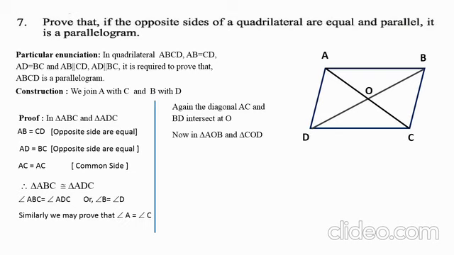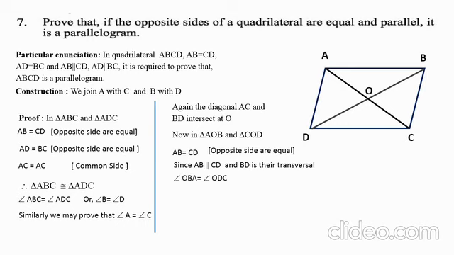Now we consider two opposite triangles AOB and COD, where AB equals CD, opposite sides are equal. Since AB and CD are parallel and BD is their transversal, we may write angle OBA equals angle ODC, which are alternate angles.